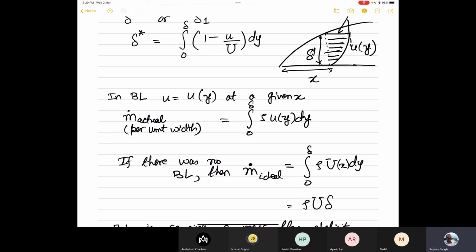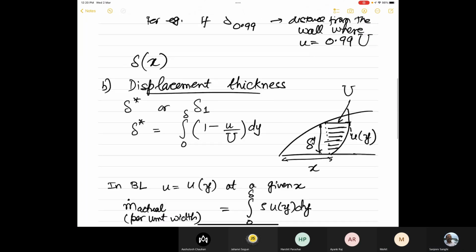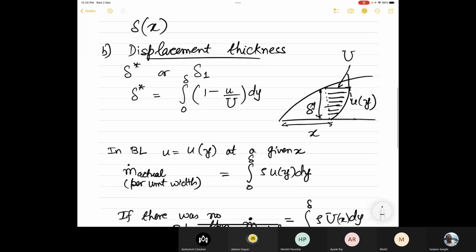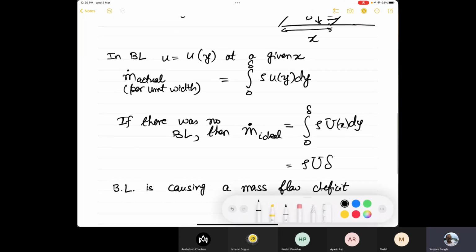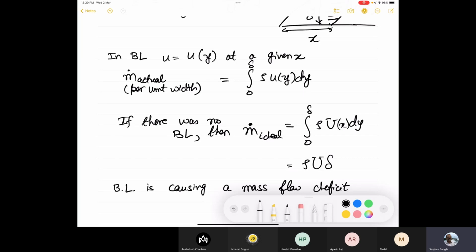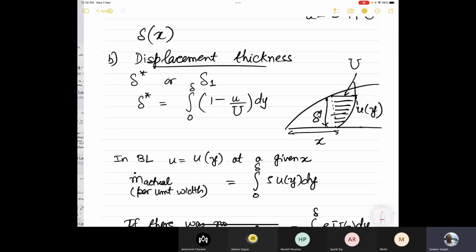If I complete this, maybe let me change my color. The ideal mass flow rate here would have been, you're right, the rectangle. Let me show this with the red color.